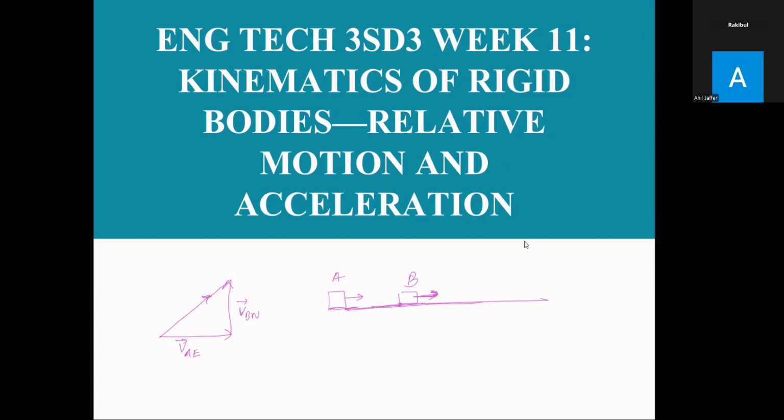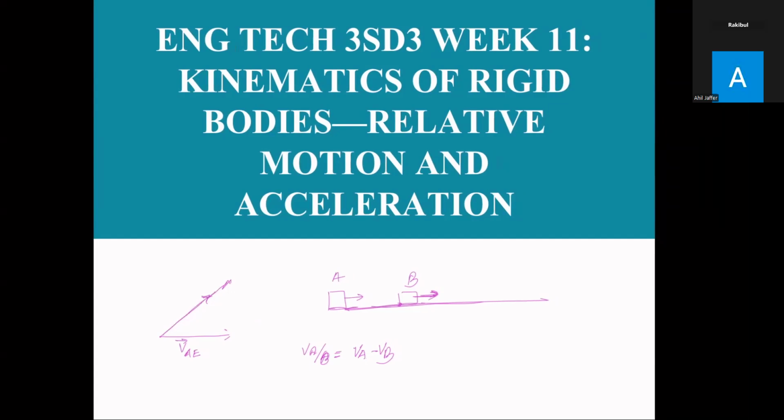This is another way we can say it, but for the relative velocity, we usually use the normal formula, VAB equals VA minus VB. Let me draw another figure.